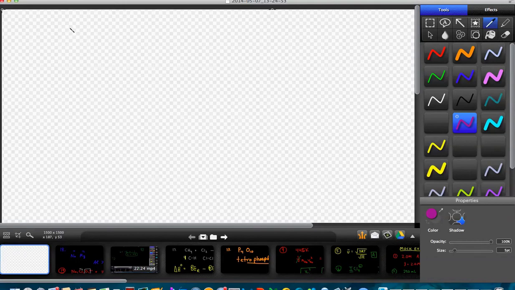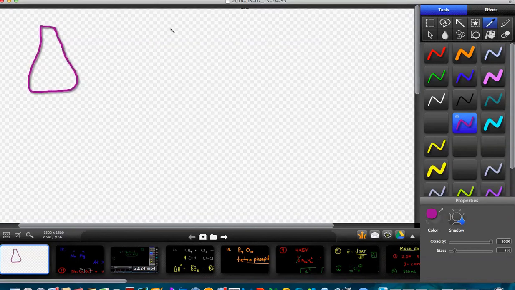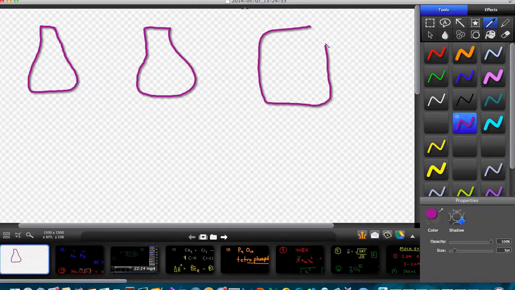Number 22, I have 3 flasks. It looks more like a beaker. That's pretty sad, actually. And I have molecules kind of everywhere in 1, a little bit more concentrated in 2, and very concentrated in 3.